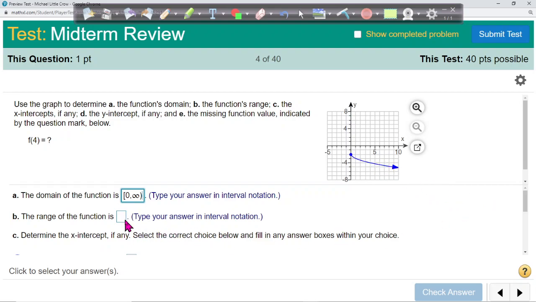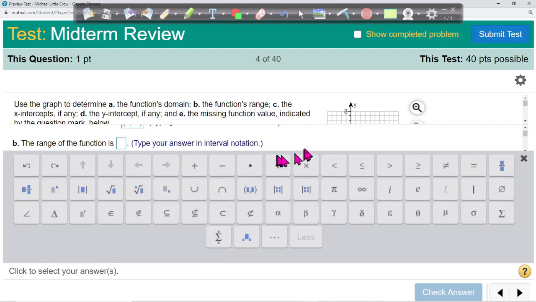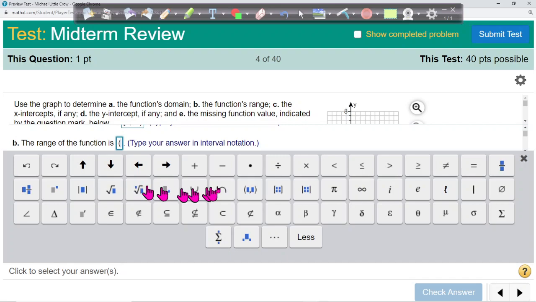So we go from negative infinity, which always has a parenthesis, until the highest y value, comma, which is minus 2. And that is included, so we use one of these square brackets.